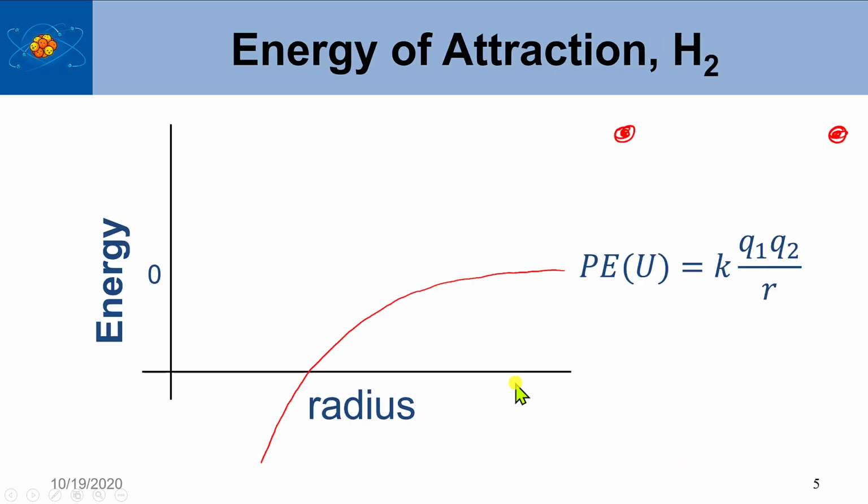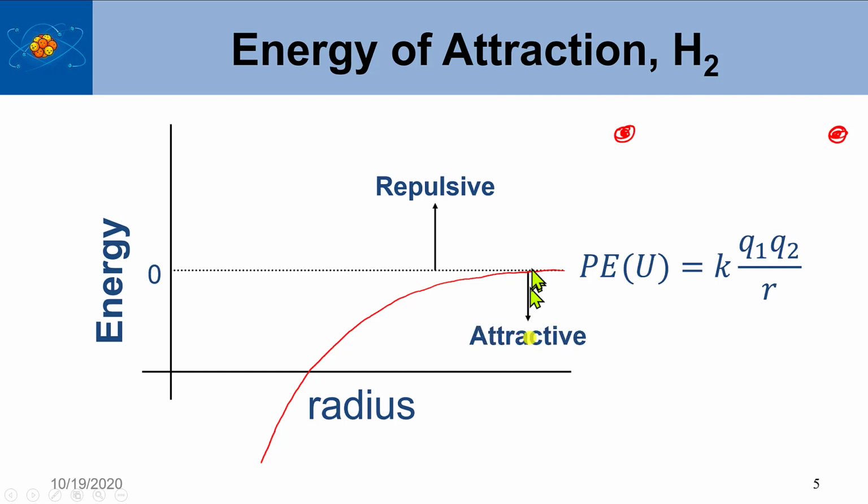So at a distance it looks really good, but up close it gets ugly, right? So we have attractive forces coming down, but then we have repulsive forces that get stronger as you get closer, and it looks something like this. And in essence, if R went to zero, it would be infinitely repulsive, okay?